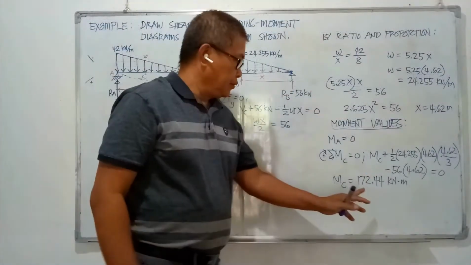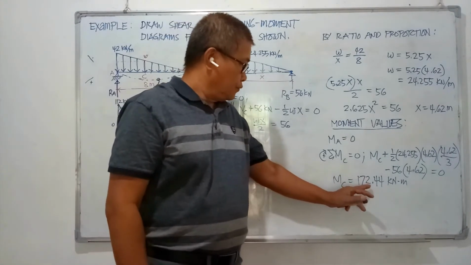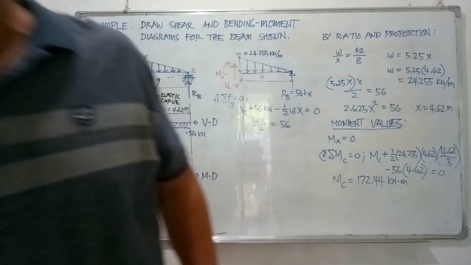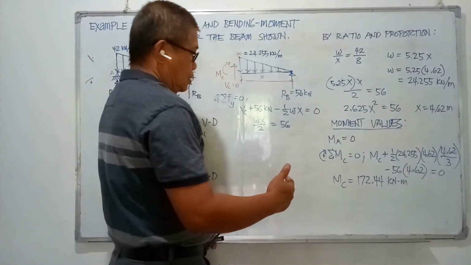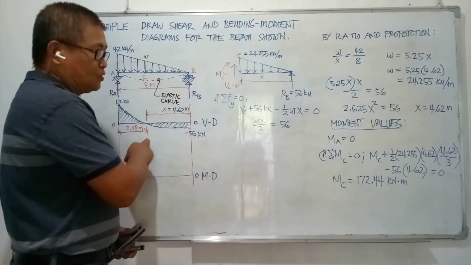Okay, we have the moment at C, 172.44. This is the moment at the right support, the moment at the position where shear is 0.